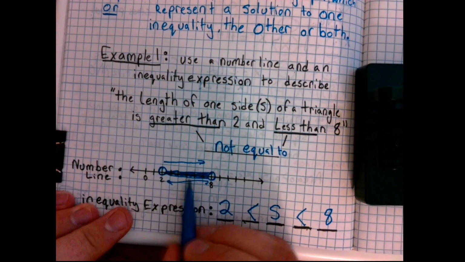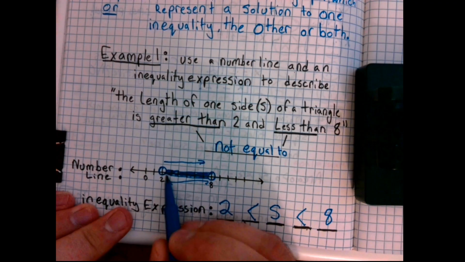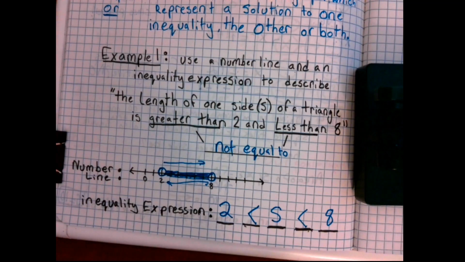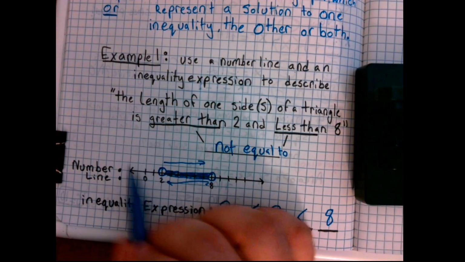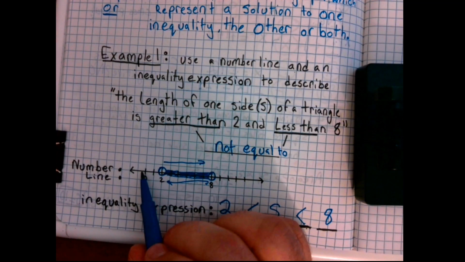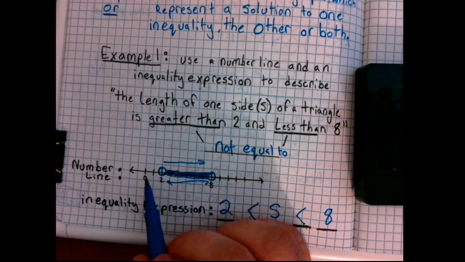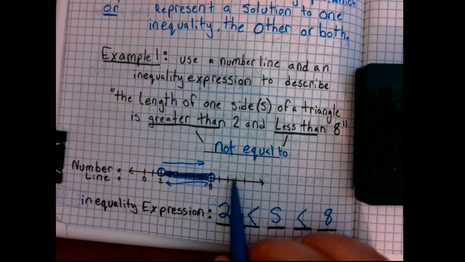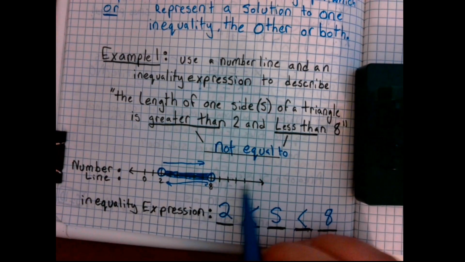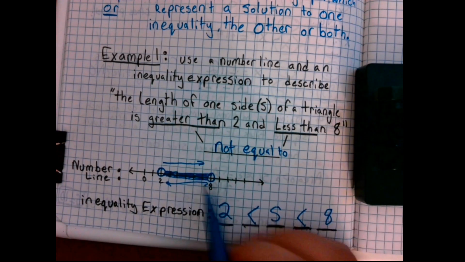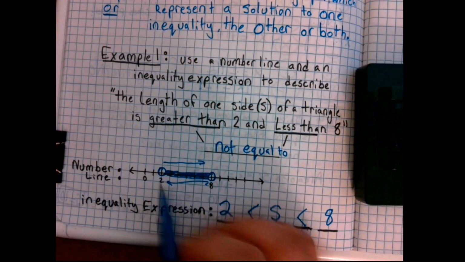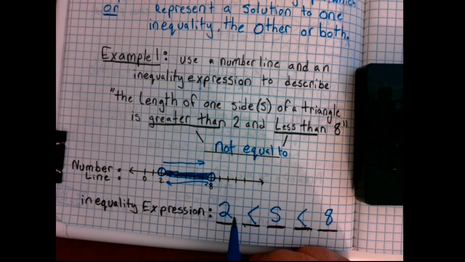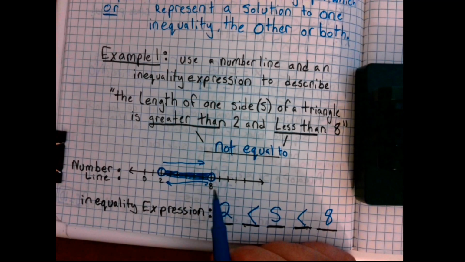Make sure that you pay attention to that and. If it was or, we would need to continue the lines. But numbers over here, they're less than 8, but are they greater than 2? No, they're not. The numbers on this side, they are greater than 2, but are they less than 8? Is something like 9 less than 8? No. So we're not going to have a graph over here. We have open dots on our graph because they're not equal to.